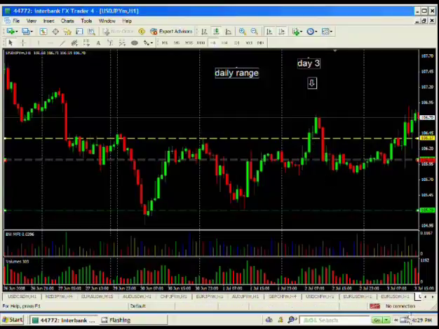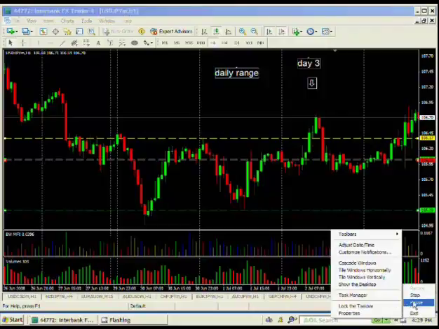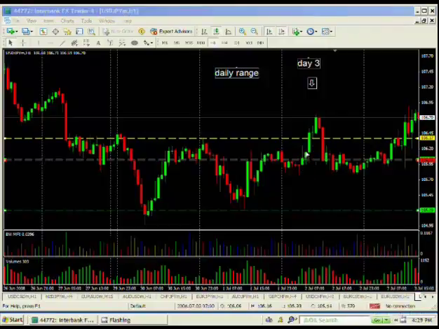Now once we get above the daily range area, if we get above the high of the day or below the low of the day, then we need to draw another line. Since we're moving up, we need to draw a line at the very next resistance level overhead, and that's the next prior low that's overhead, which is going to be down here.